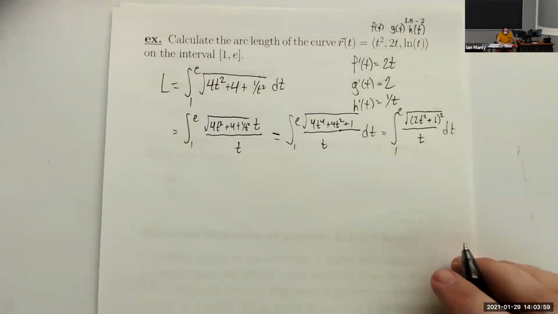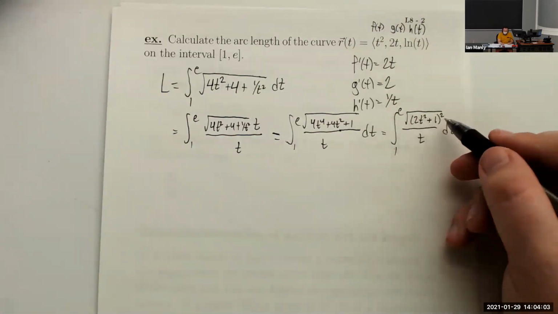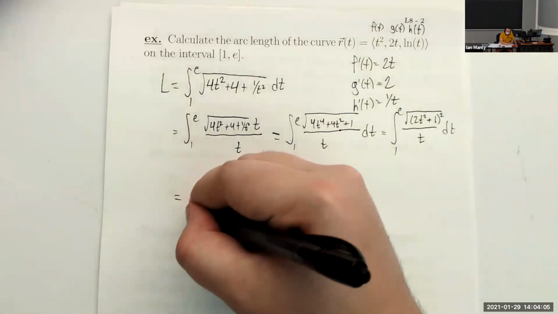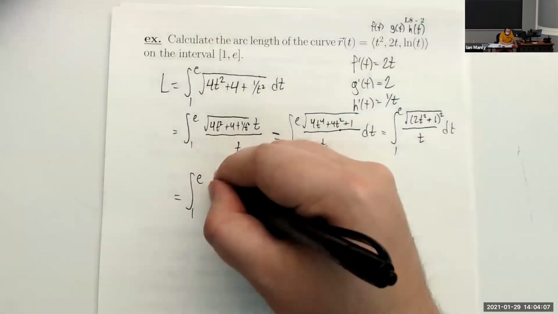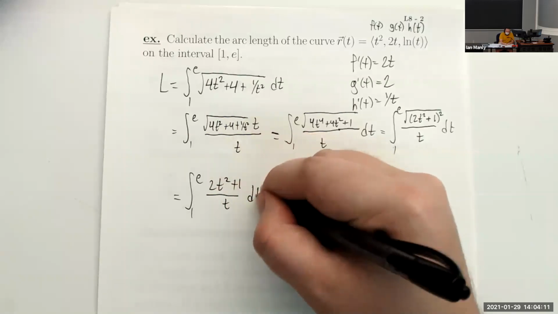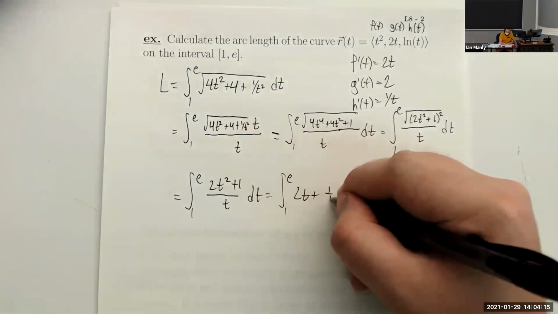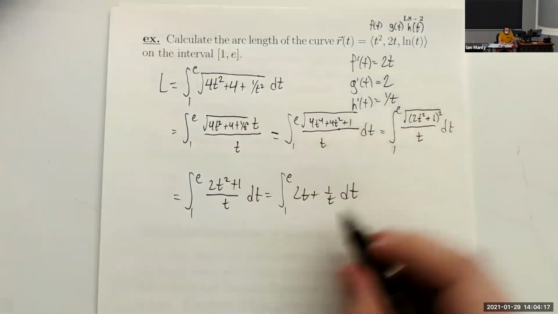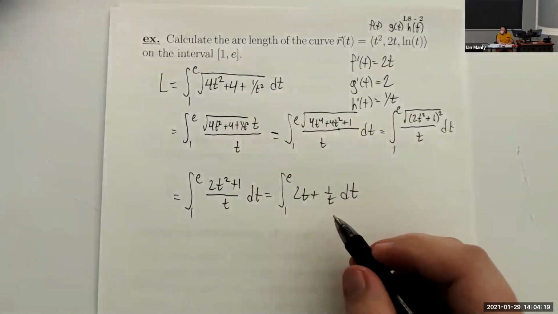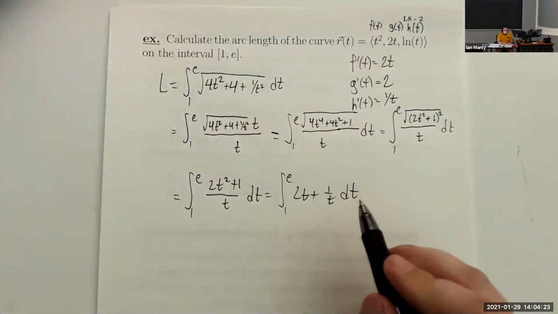And now we have the square root of something squared, so we can have that cancel. And then we could divide by t. Okay, so there we go. So we simplified our integral into something that we are able to do here.